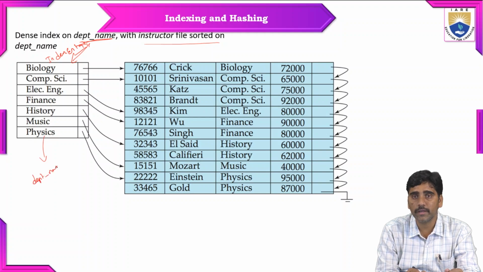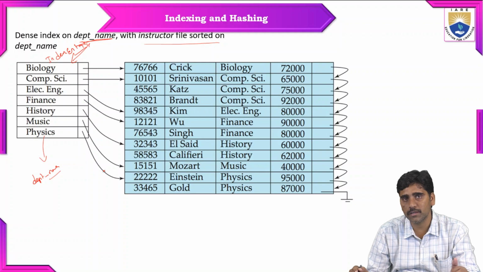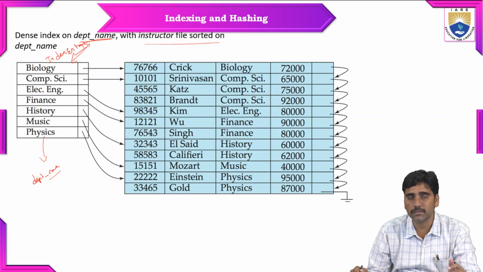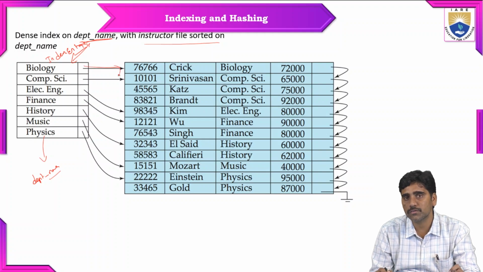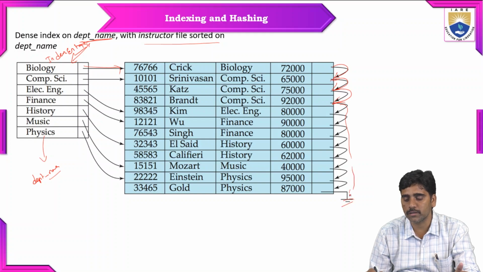With these search keys, all the values are pointed to, each pointing to the next value, like that up to the last entry of the file.